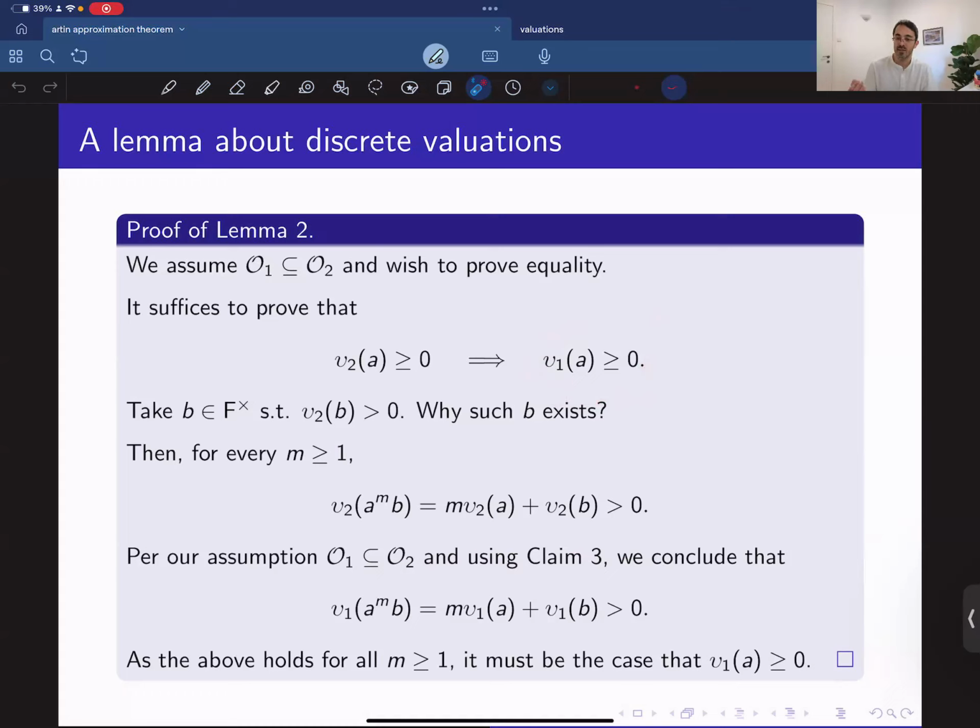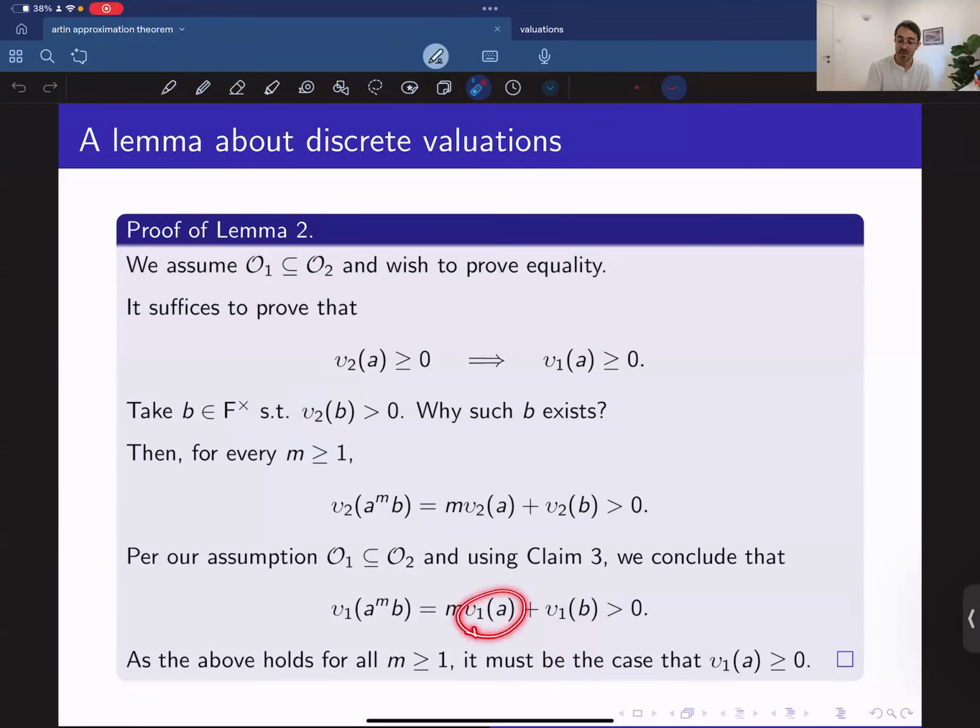Because if V1 of A was negative, then for a large enough M, this will be negative. Because this is just some fixed number independent of M. It depends on B. I mean, we chose B according to V2, and now we evaluate B according to V1, but it's just some number. It is independent of M. B was chosen before we talked about any M's. So that's just a number.